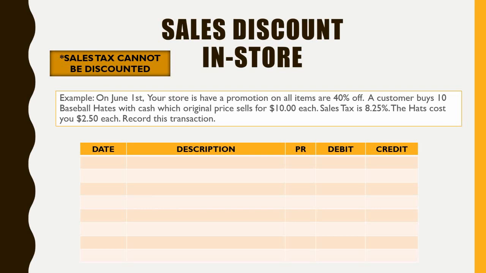Sales discount. Is it going to be on the debit side or the credit side? Credit side. Why credit? Sorry about that, guys. No worries. Actually, no, it is on the debit because it's money spent, but it's discounted, so the customer doesn't pay it, but it still gets paid.